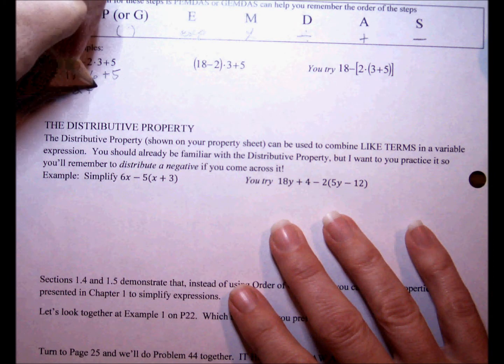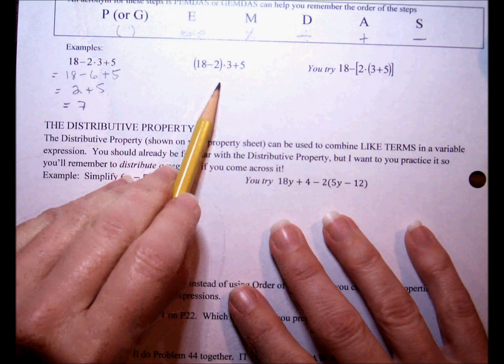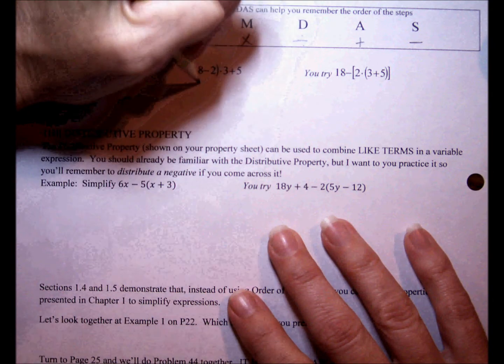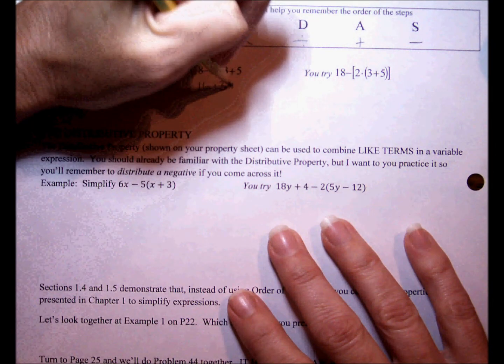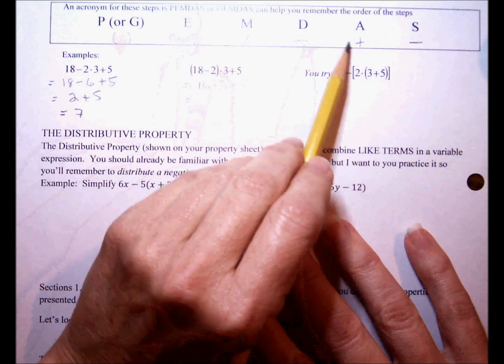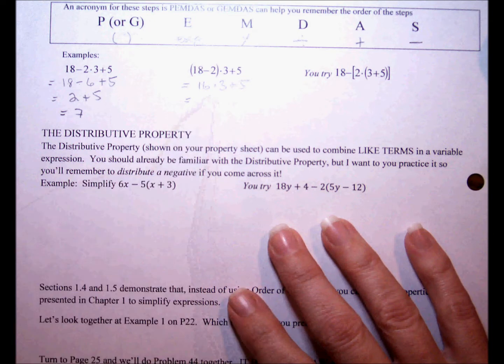So if you look at this, addition and subtraction, what we want to do is go from left to right. It doesn't matter which one, addition or subtraction, we do first as long as we go from left to right. So 18 minus 6 equals 12, plus 5 equals 17.